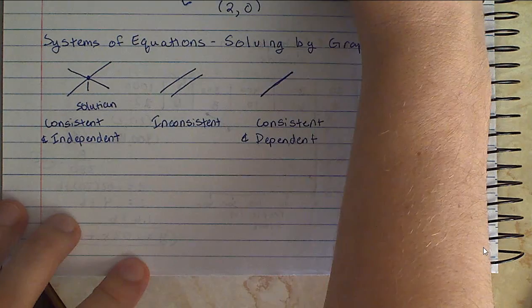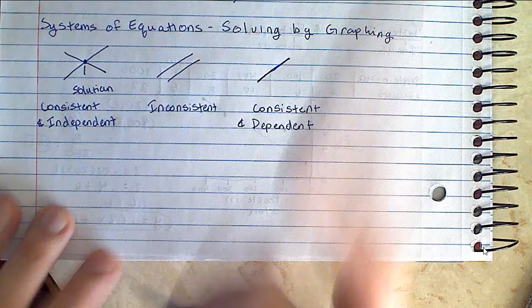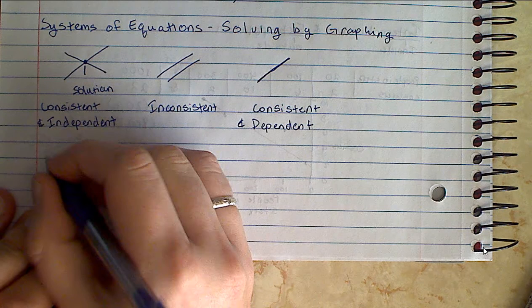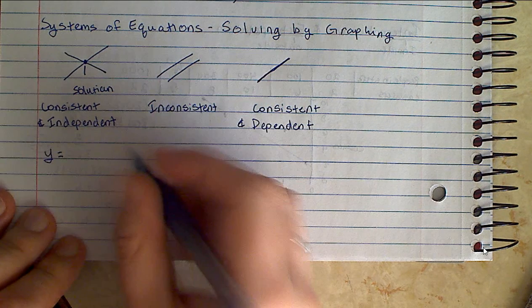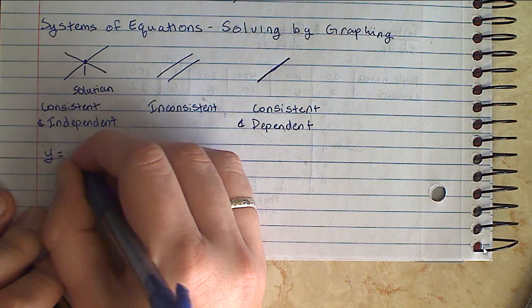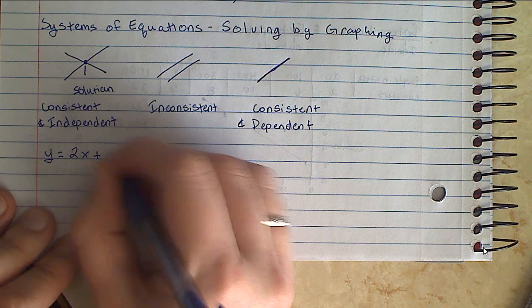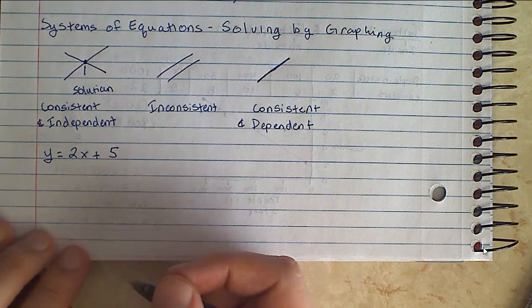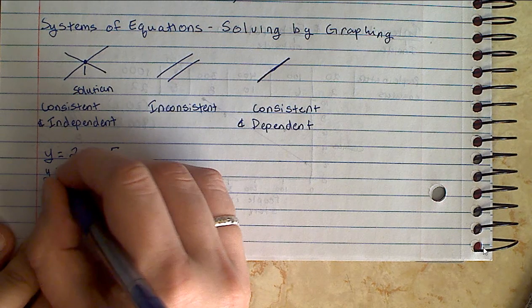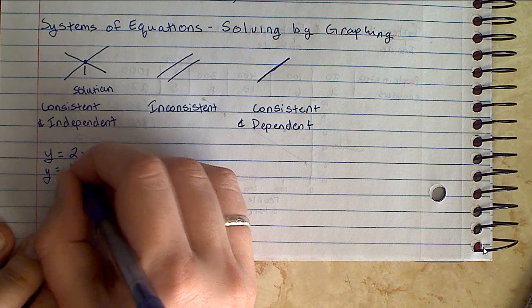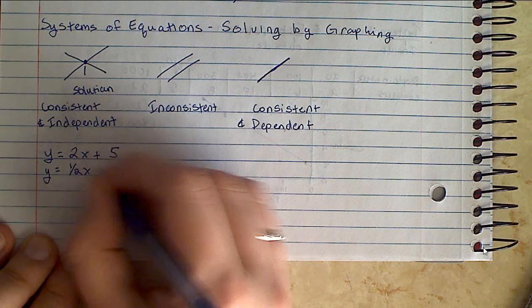A person. Okay. So let's take a look at an example here. Let's say that we have two lines. y is equal to 2x plus 5. And let's do another one that's y is equal to 1/2 x plus 5.